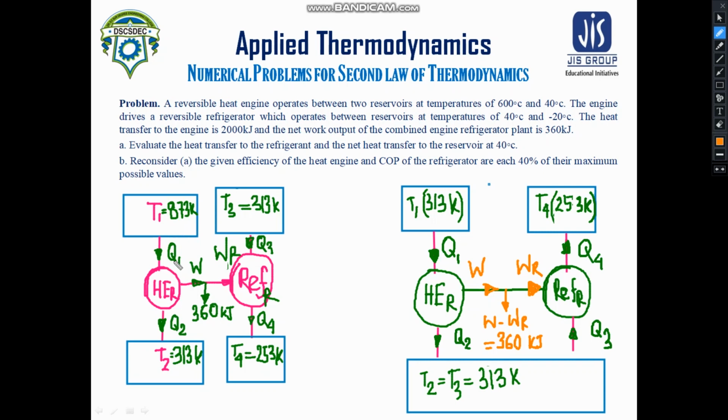So this heat engine is operating between the temperatures of 600 degrees Celsius and 40 degrees Celsius, and it is driving a refrigerator which is working between the temperature limits of 313 Kelvin and 253 Kelvin. Now the question is, you can see this temperature and this temperature is the same.